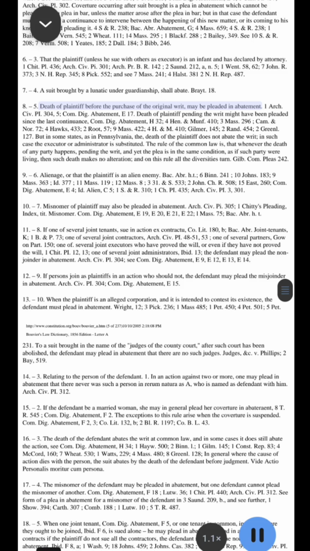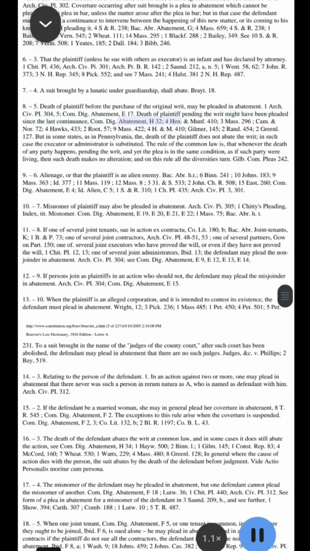Brait. 18. 5. Death of plaintiff before the purchase of the original writ may be pleaded in abatement. 1 Arch. Civ. Pl. 304, 5 Com. Dig. Abatement, E17. Death of plaintiff pending the writ might have been pleaded since the last continuance, Com. Dig.